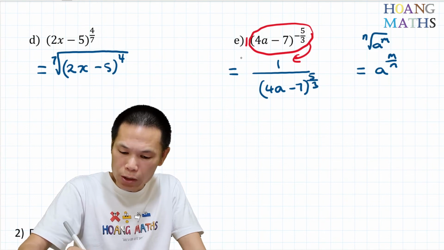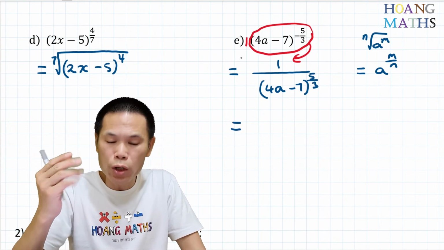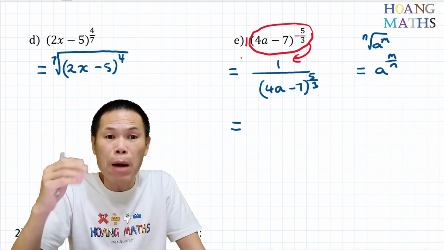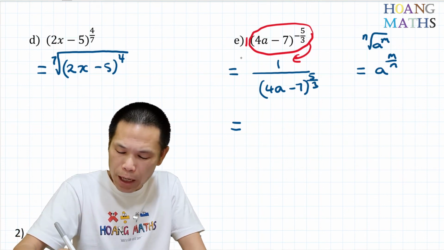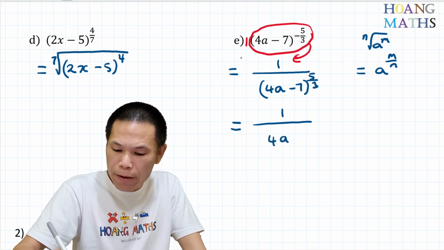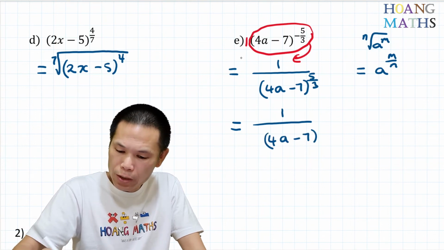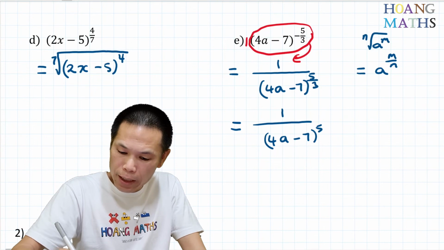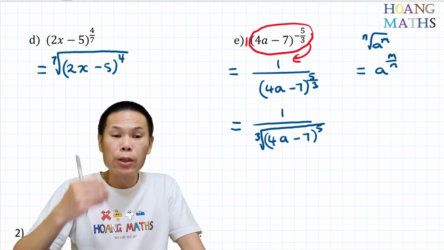So this will give me the cube root of (4i minus 7) power of 5. So that becomes 1 over the cube root of (4i minus 7) to the power of 5, and this is the small 3. So there you go.